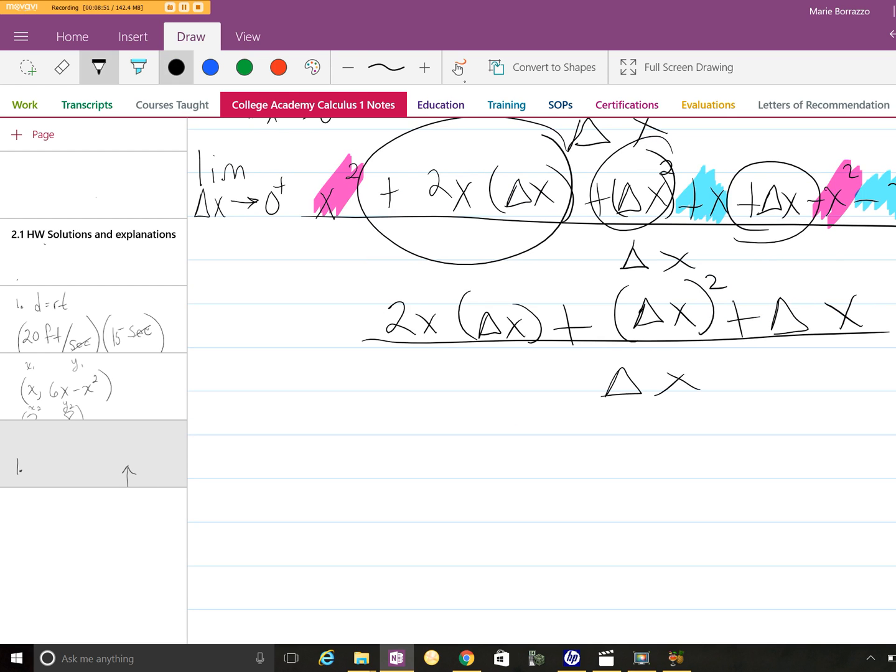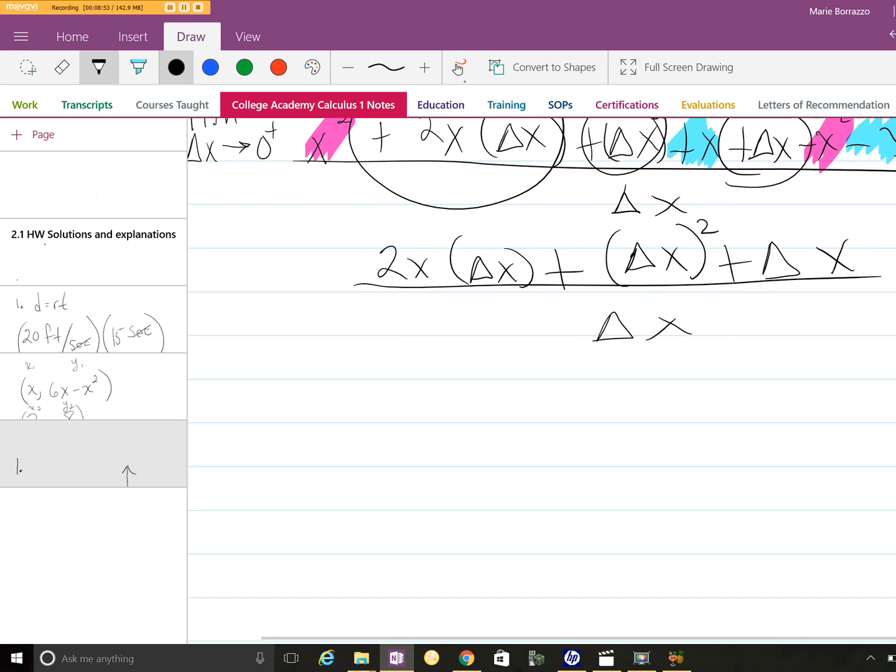Okay, so now we reduce. So if I'm looking at this equation, now we're going to divide each of these terms respectively by the change in x. So as an example, say I took 2x times the change in x over the change in x. Guess what's going to happen? I'm going to be left with 2x.